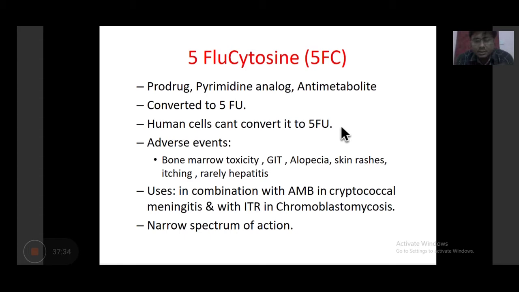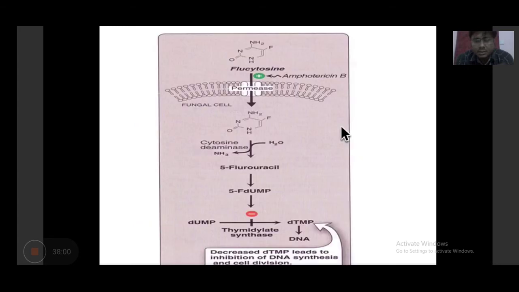It is used in combination either with Amphotericin B in cryptococcal meningitis treatment or with itraconazole in chromoblastomycosis. No monotherapy of flucytosine is indicated for any condition. This is the only use of 5-flucytosine because it has a narrow spectrum of action.